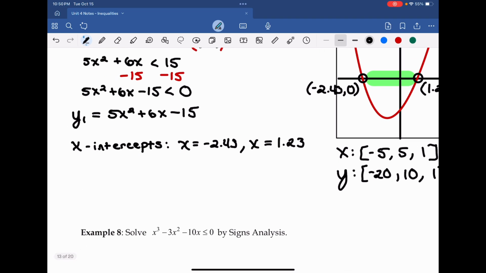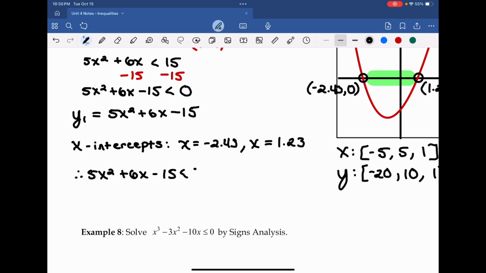If this is what we ended up getting graphically, that those are where it satisfies being less than 0, we want to say, therefore, 5x squared plus 6x minus 15 is less than 0 when, and we're going to write it just below here, x is greater than -2.43, but less than 1.23.